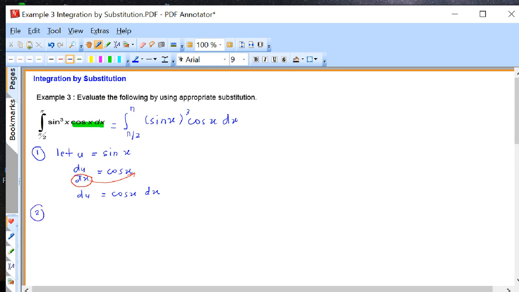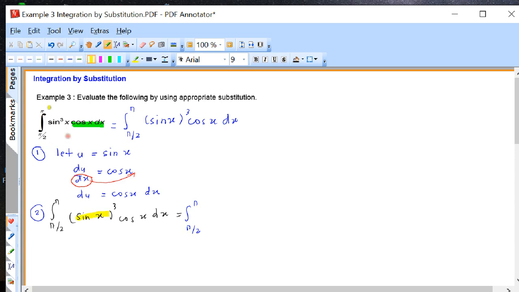Next step would be you write down back the given function, which is integrate from pi over 2 to pi sine x to the power of 3 cos x dx. So you will write it in terms of x dx to u du. So we have here integrate from pi over 2 to pi sine x.